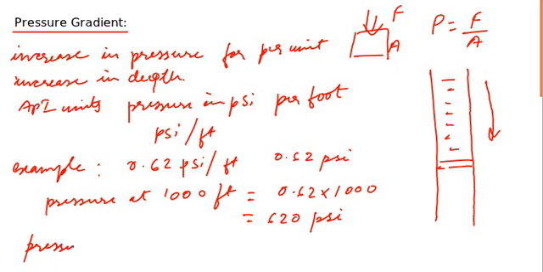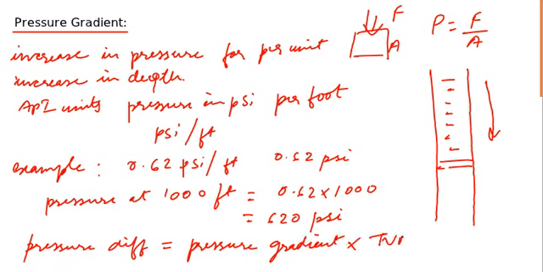So pressure difference will be equal to pressure gradient times the TVD difference. So pressure gradient is very useful for pressure calculations. It makes things very easy.